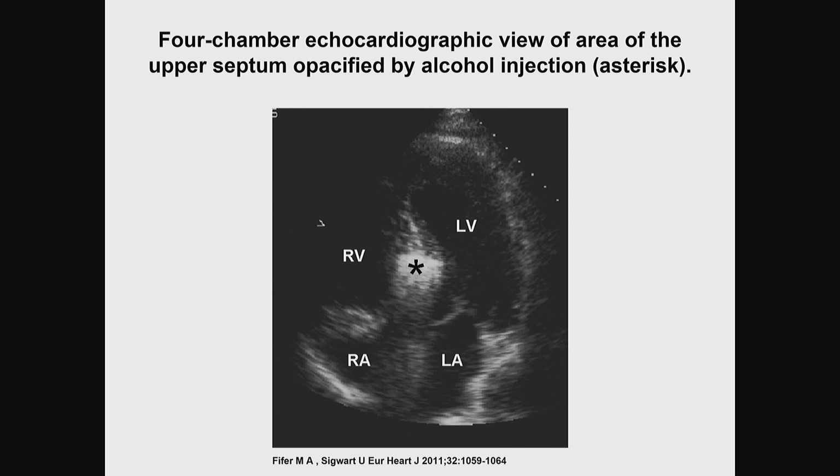In order to assist with confirmation that alcohol will be injected to the appropriate septal perforator, often echo contrast is used to verify the territory of perfusion. A similar appearance is present after alcohol injection with hyperenhancement on echocardiographic images of the infarcted territory.